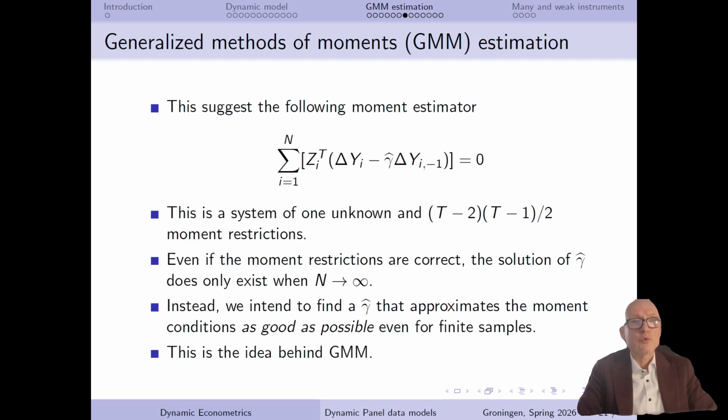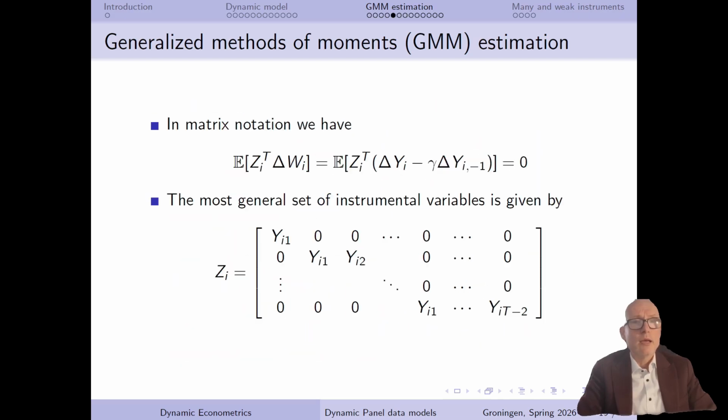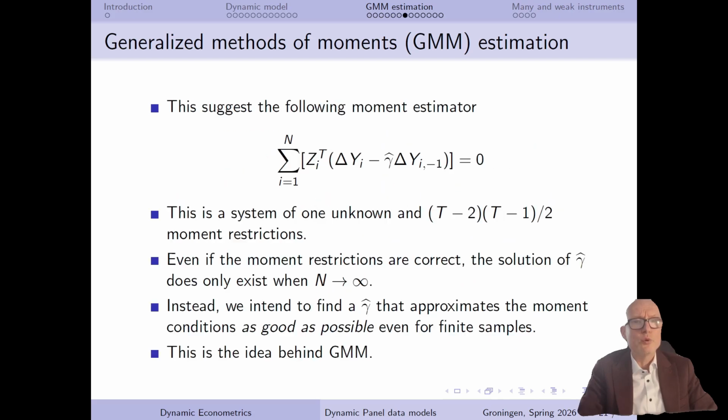Take into account, by the way, that as this thing that we have over here is in fact nothing else than a vector of moment restrictions, that also holds true, of course, with respect to this thing that we have here at the left hand side. This is actually nothing else than a vector. It's therefore a system of equations, and the number of equations that we're going to have is equal to (T minus 2) multiplied by (T minus 1) over 2.